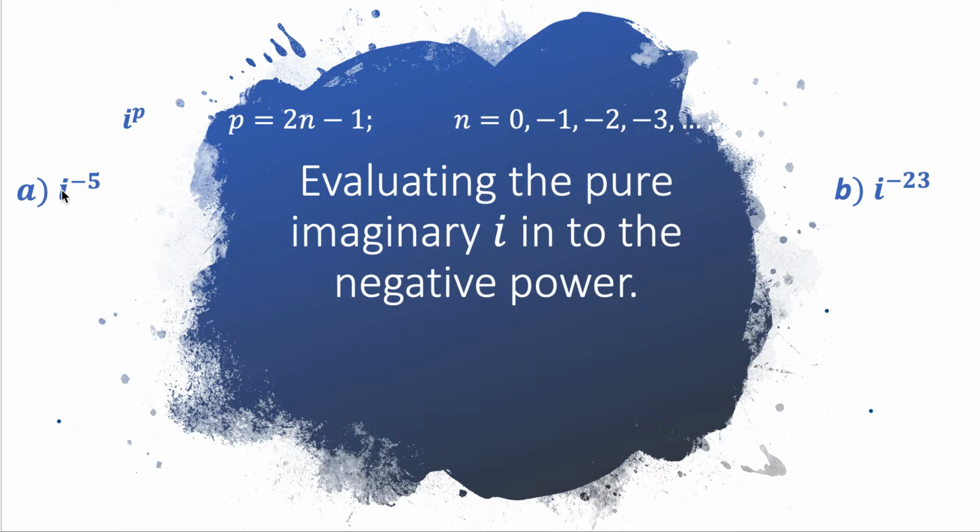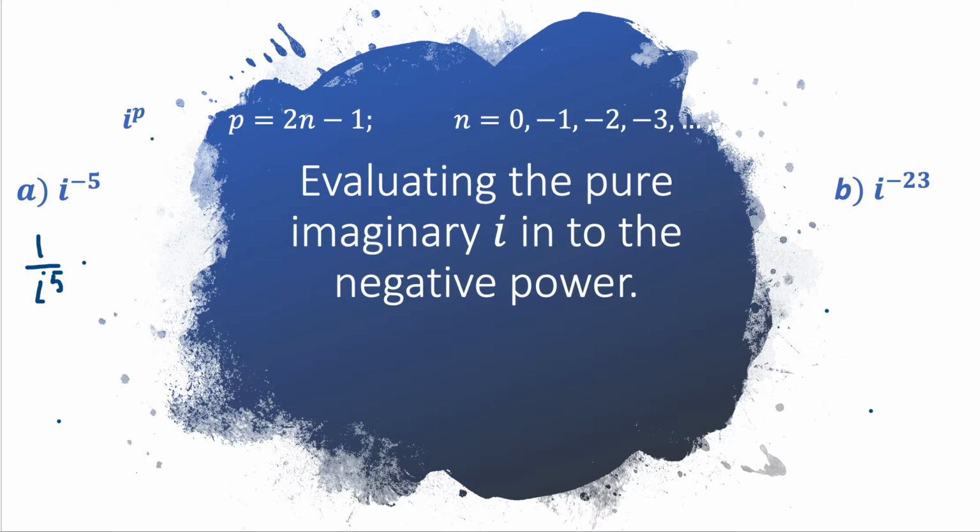So we have i to the minus 5. If we have i to the minus 5 here, we can write this as 1 over i to the 5, with a positive exponent. Now we can multiply, because whenever p is odd, we already have the pure imaginary i.